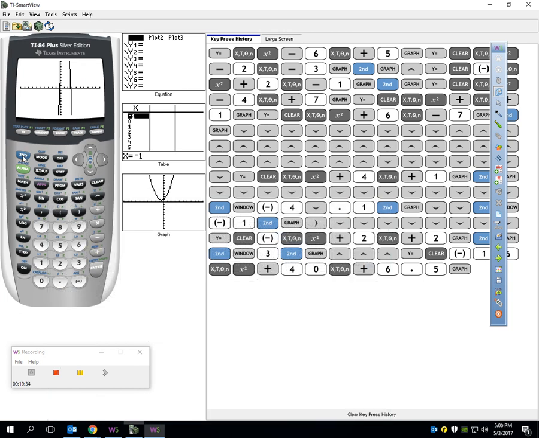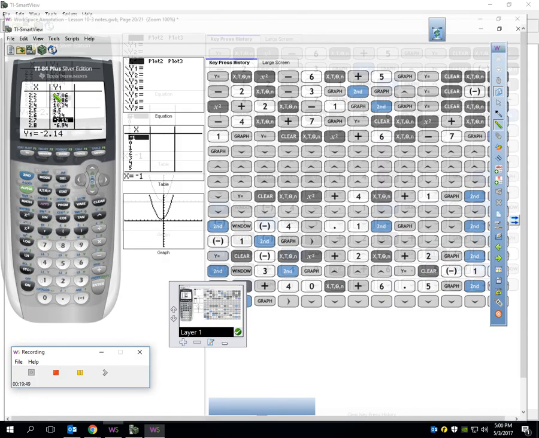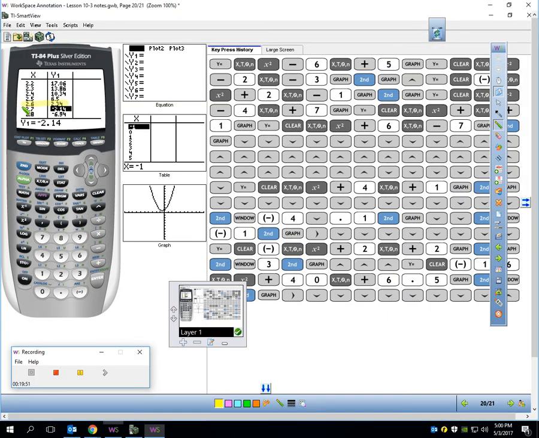So I'll go to my table set. I'll start my table at 2. And let's just find out, where do those y values go from positive to negative? Oh, right here. Okay? So my answer has to be one of these two. And which of these y values is closest to 0?